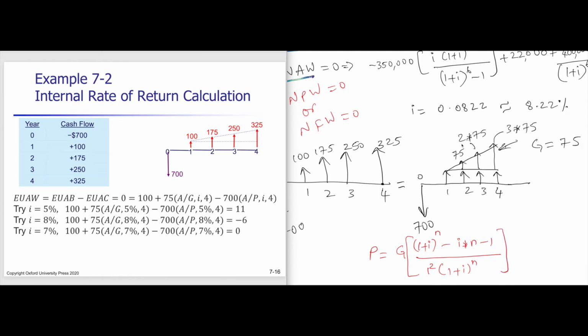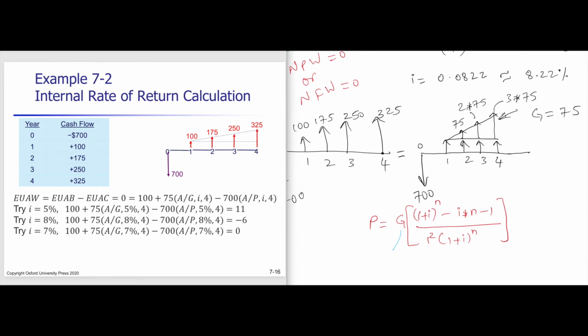That's the formula of G. So if we apply G to be 75 and n to be 4, then we get what is P, the present value at the end of 0th year.